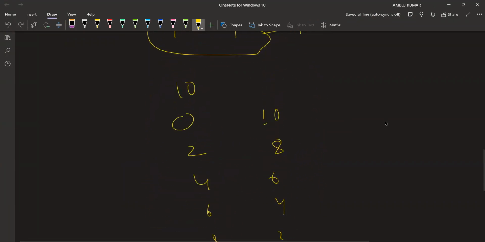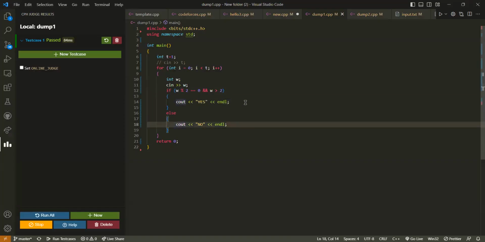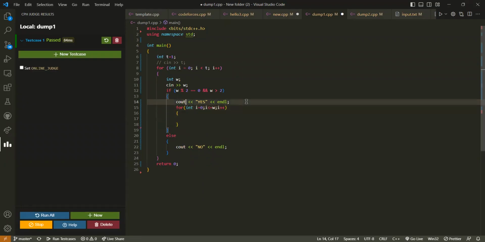Sir, can you please provide a code for this? Sure, this is very easy. For i equals to 0, i less than or equal to W, i plus equals to 2.